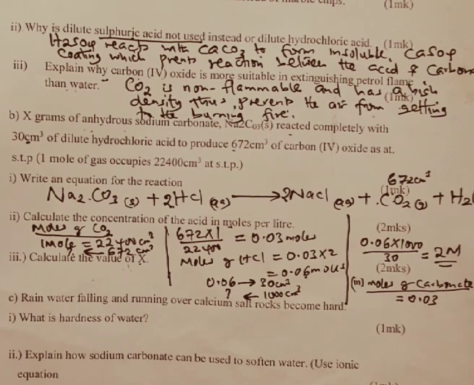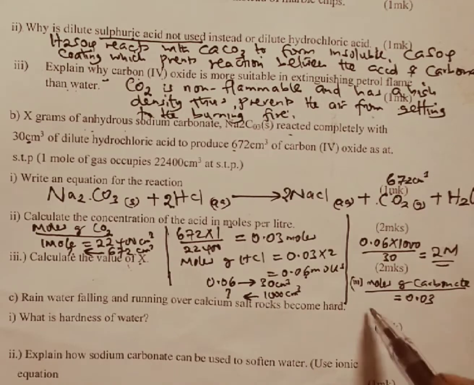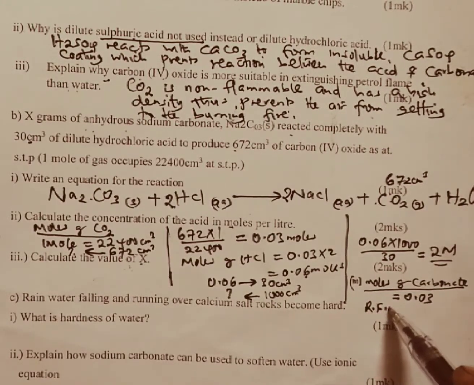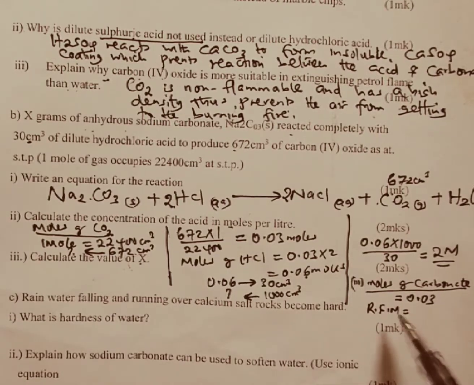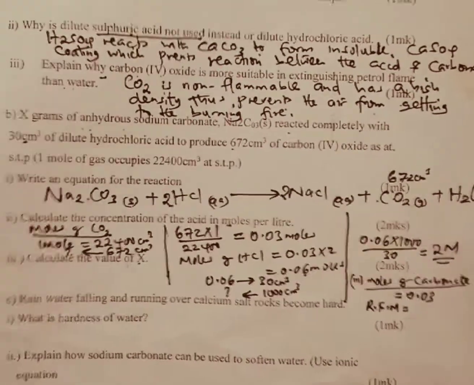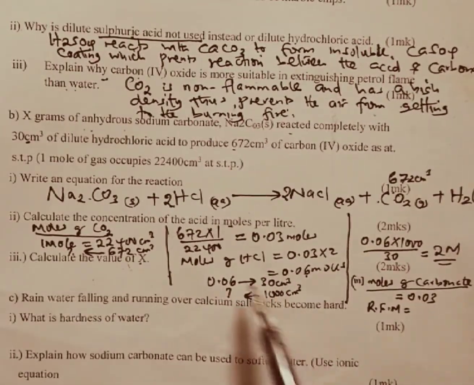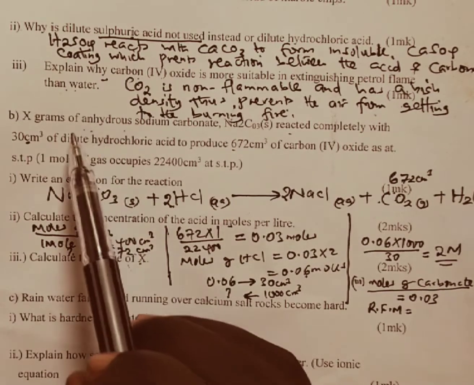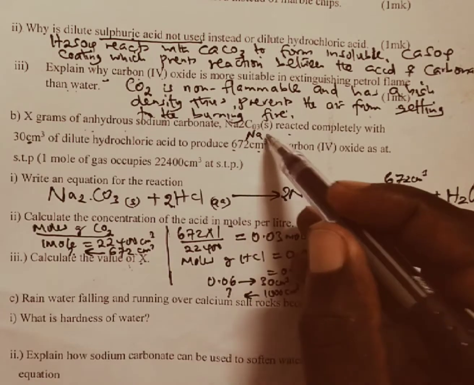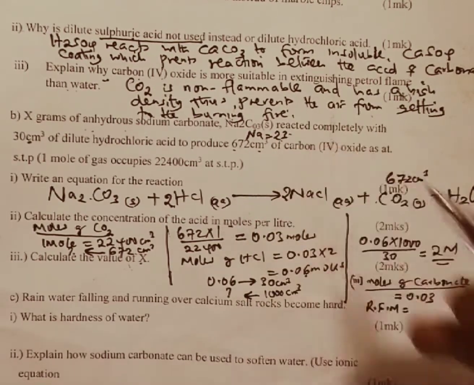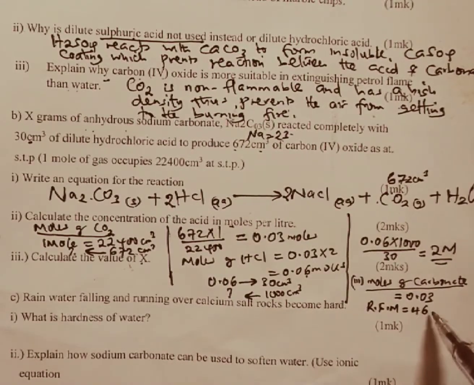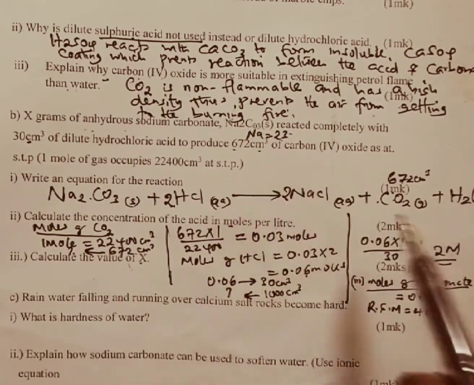And we know, since we have the number of moles, we can get the relative formula mass of sodium carbonate. We know that sodium has a relative atomic mass of 23. So if you take 23, you multiply by 2, you get 46. Plus carbon has 12.